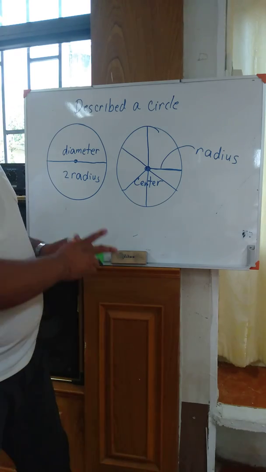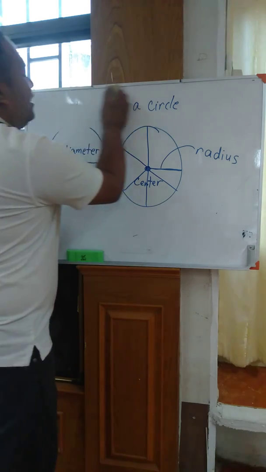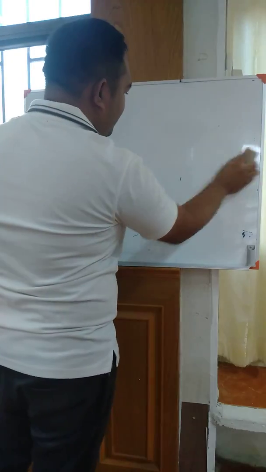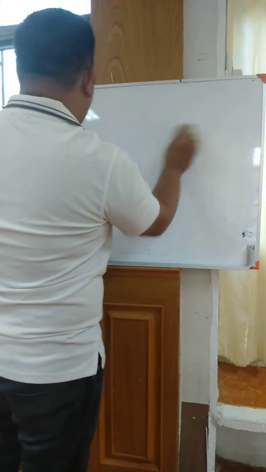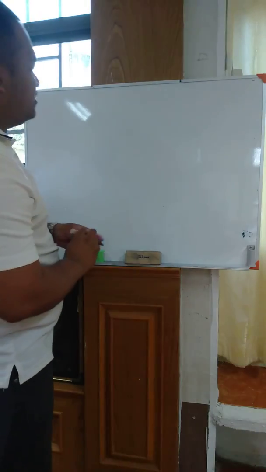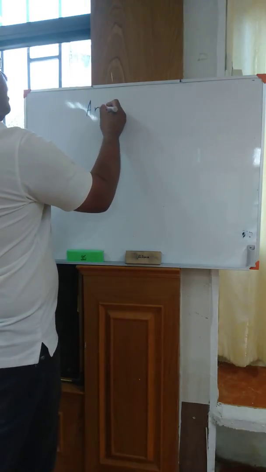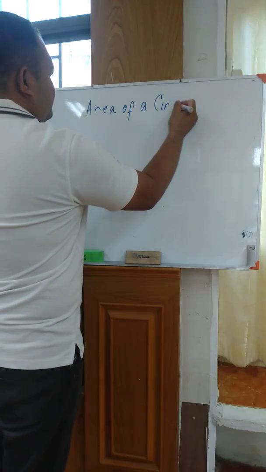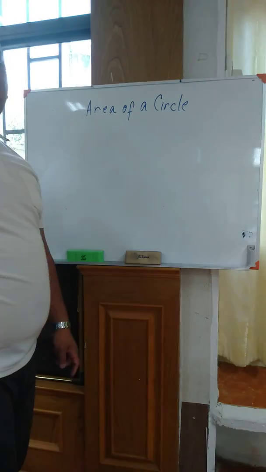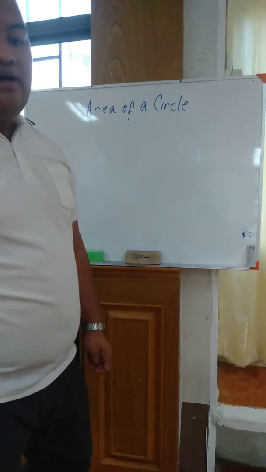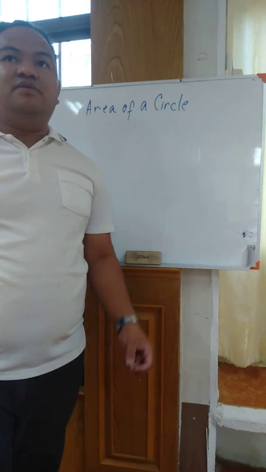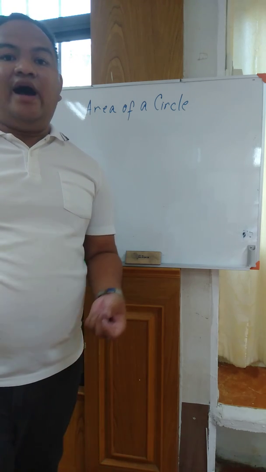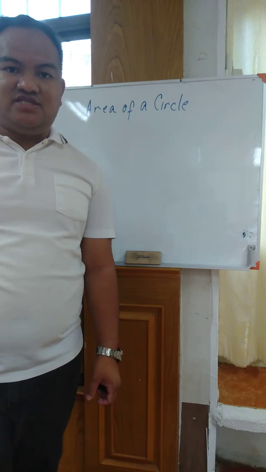Okay, now let's find the area of a circle. So how do we find the area of a circle? In order for you to find the area of a circle, we must know the formula or the components on how to solve the area of a circle.